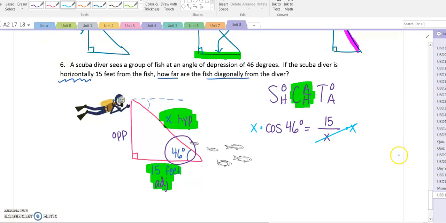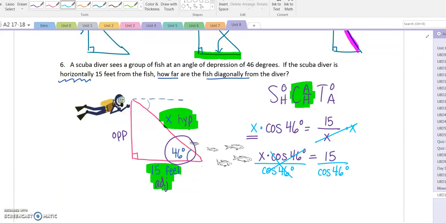One side undoes. The other side doesn't, but here's the trickier part about this one. We're not done. In the last problem that we did in the last video, when we multiply by the bottom, we were done because x was by itself. But here, x is not by itself. It's x times cosine of 46 degrees. So I have just one more step to complete, and then x will be alone. I'm going to divide by the cosine of 46 degrees.